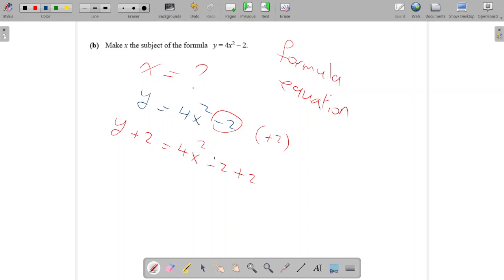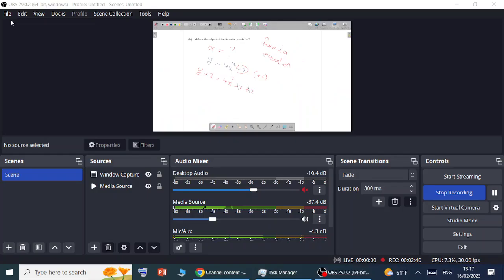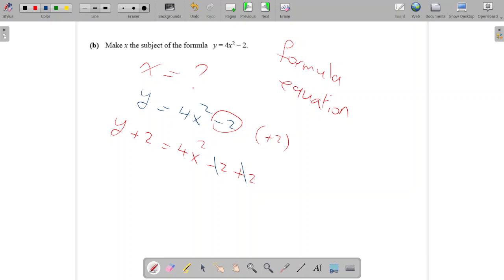The minus 2 and the plus 2 cancel each other, and you're going to have the expression as this. So y plus 2 is going to be equal to 4x squared.